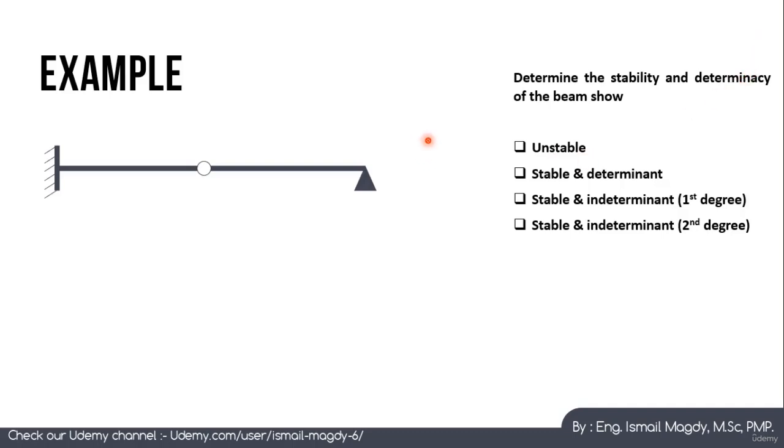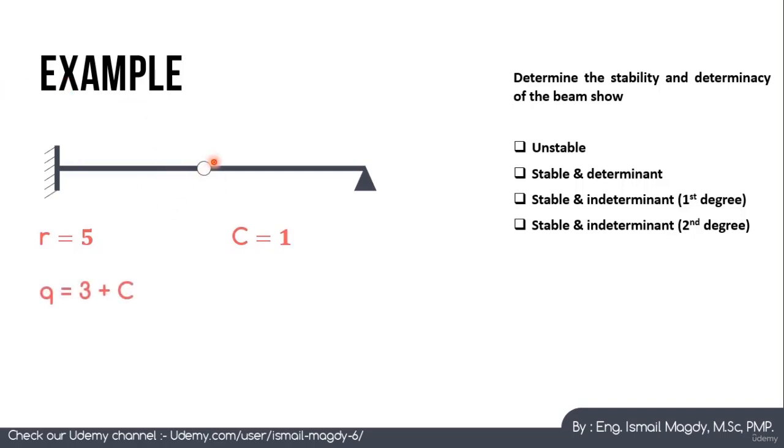So let's start as we have just explained. First, we will calculate the number of reactions. Here we have horizontal and vertical reactions because this is a hinged support. And here we have three reactions because this is a fixed support, so we have horizontal, vertical, and moment reactions. This means that R equals 5, which is 2 plus 3. And C, the number of conditions, equals 1 because we have only one internal hinge.